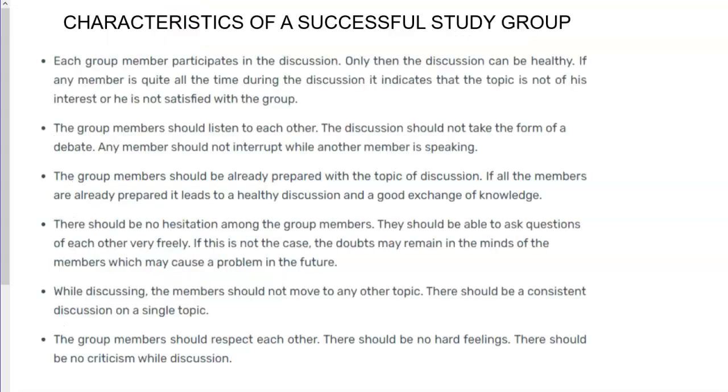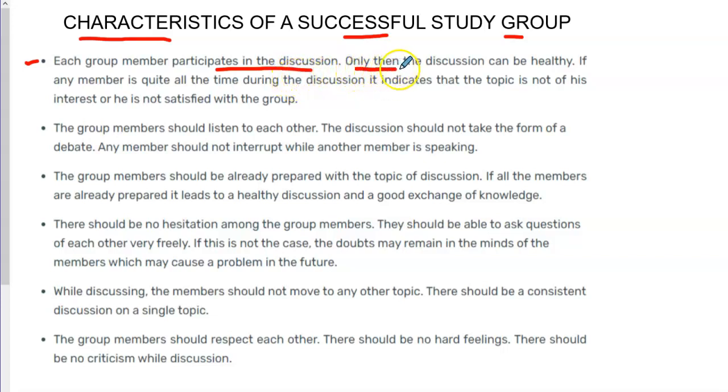Now, I want us to look at a few points as we try to bring this topic to a close. I want us to look at the characteristics of a successful study group. Number one, the study group is going to be effective if each group member participates in the discussion.